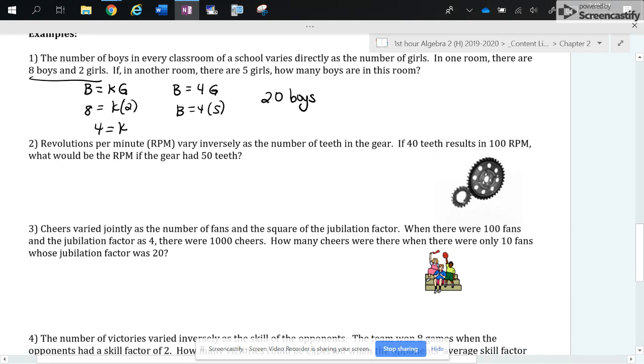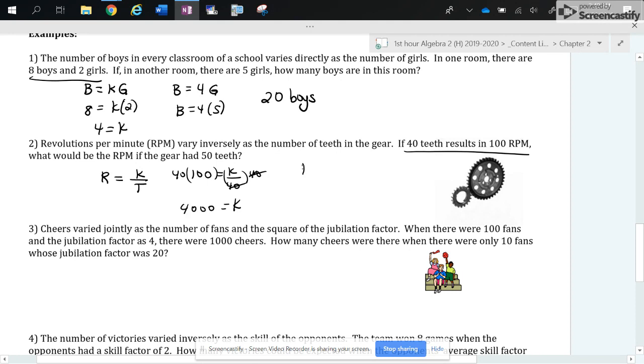So revolutions per minute vary inversely as the number of teeth in the gear. So revolutions vary inversely as the number of teeth. If 40 teeth result in 100 RPM, so there's my ordered pair, 40 teeth result in 100 RPM. Then multiply both sides by 40, and I'll get that k is 4,000.